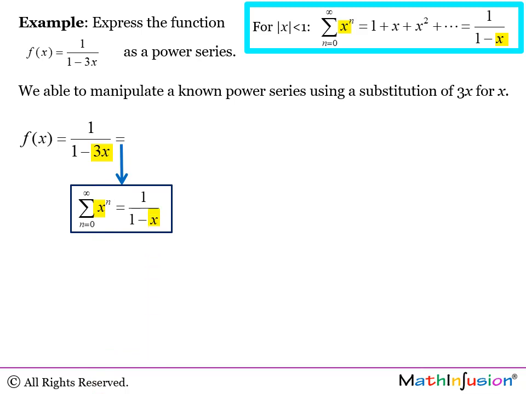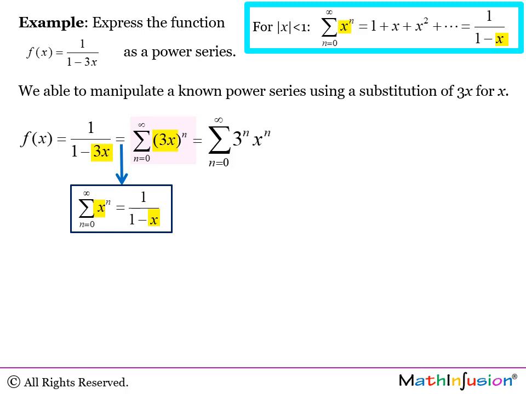You can see that the function f(x) is exactly 1 over 1 minus x with x replaced by 3x. So this is also true when we have the summation. So we are replacing x by 3x. We are going to rewrite it like this.